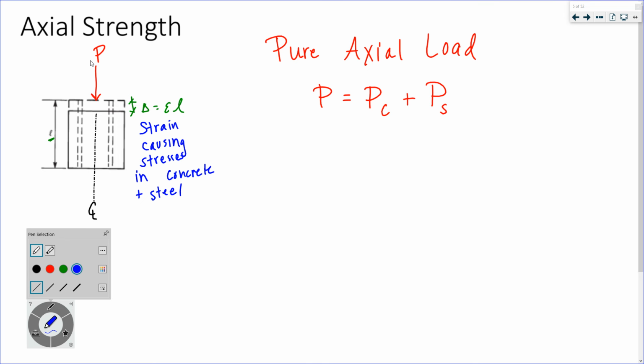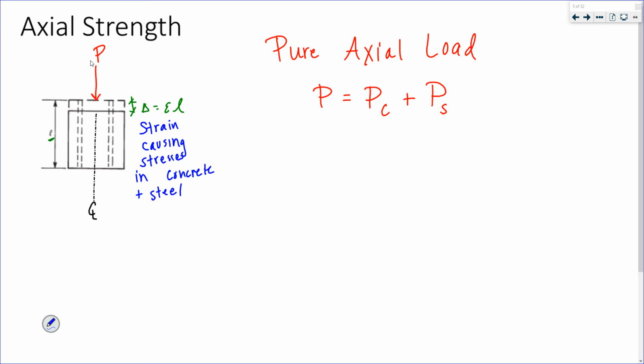And we're going to assume that our concrete and steel are buddies and they stay together and that they're going to fail. Failure of your column occurs when two things happen at the same time.